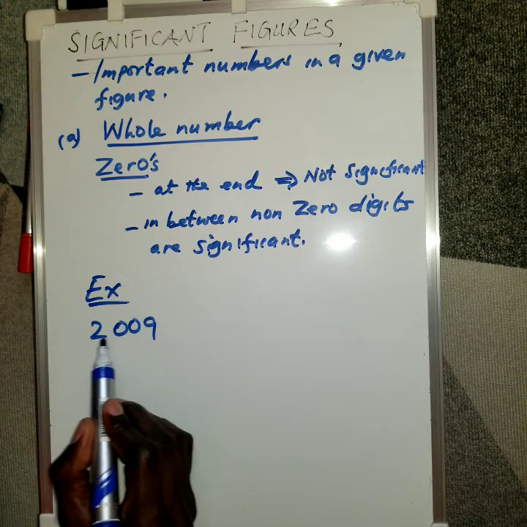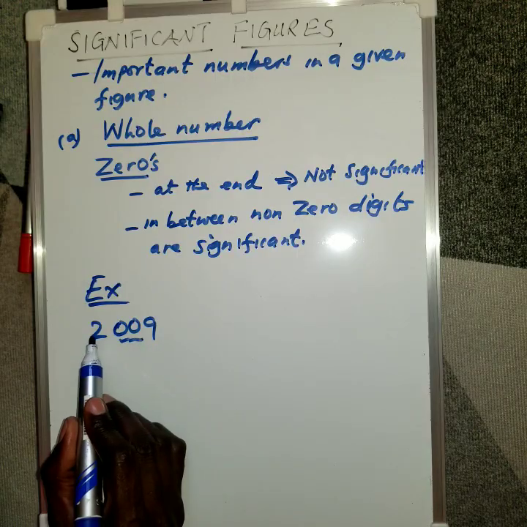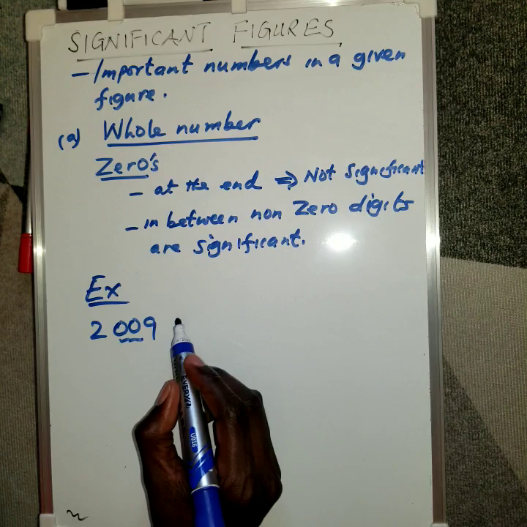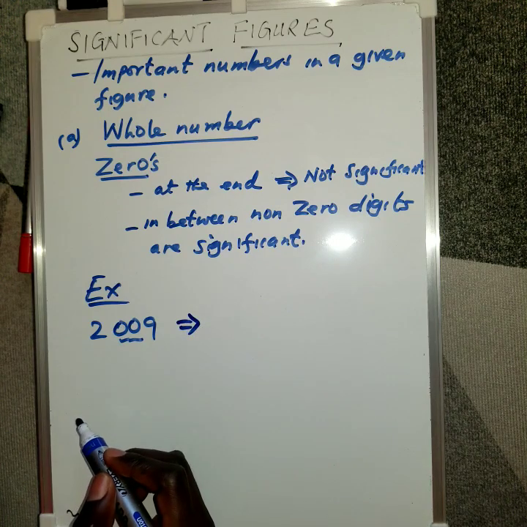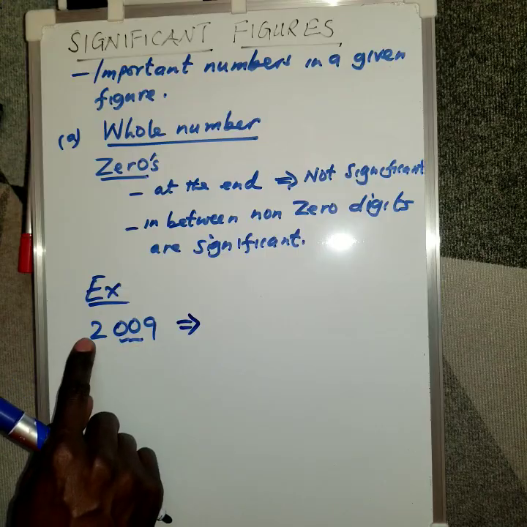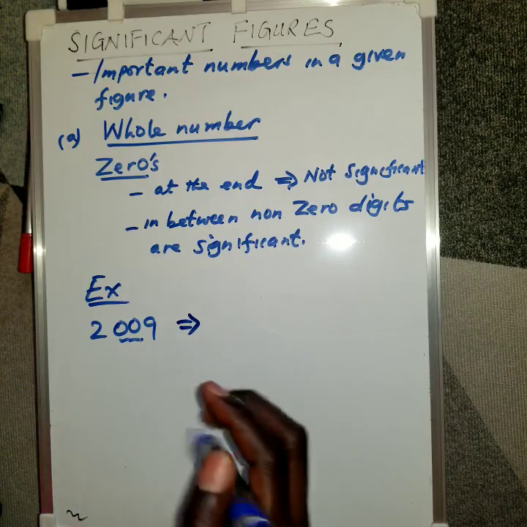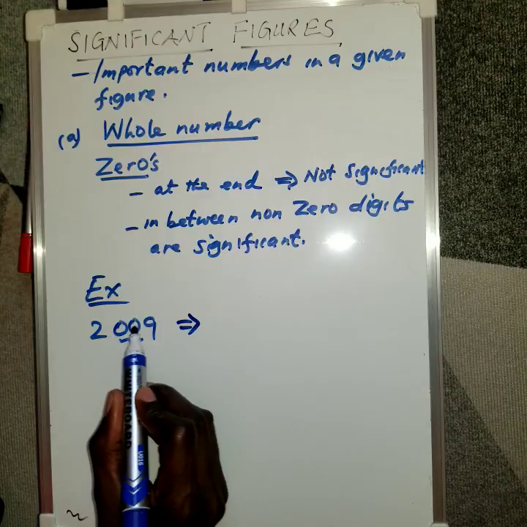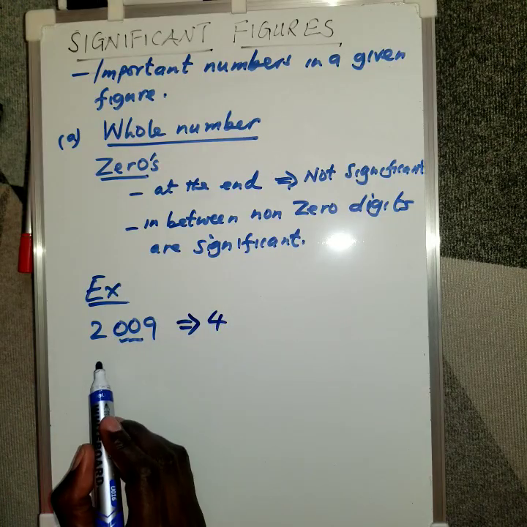Of course, you have got two zeros between two non-zero digits, 2 and 9. So how many significant figures are there? It simply means you need to count these zeros that are in between the non-zero digit numbers. So 1, 2, 3, 4. So there will be 4 significant figures.